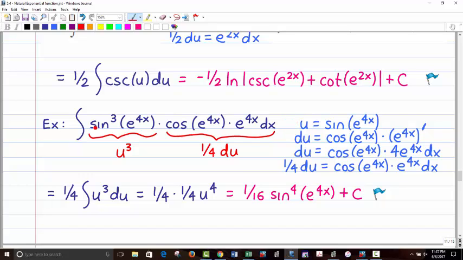So u is sine, and of course the argument has to stay with it, so u is sine of e to the 4x. Well, the derivative of sine of u is always cosine of u du.